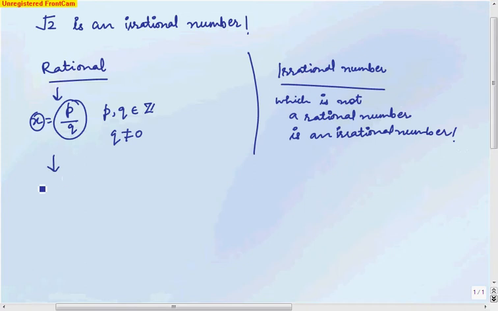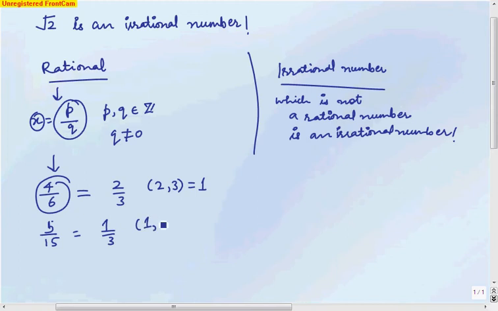If you have a rational number, for example, if I have 4 upon 6, obviously 4 is an integer and 6 is an integer, so 4 by 6 is a rational number. I can write this as 2 upon 3. I can cancel the common factor in numerator and denominator, and 2 and 3 have GCD equal to 1, right? For example, I have 5 upon 15, I can write this as 1 upon 3 with GCD of 1 and 3 equal to 1.